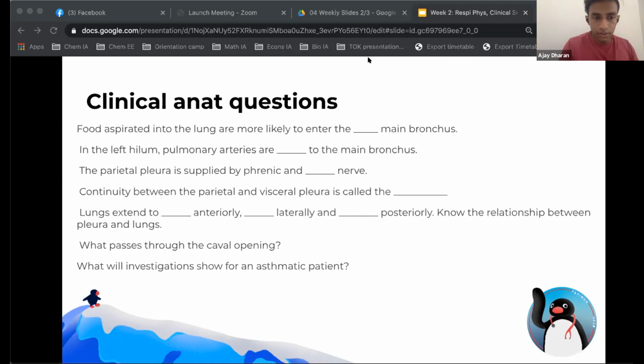So what passes through your caval opening? Again, this is something which you might have touched on last year, and we went through last week as well. It's related to the openings in your diaphragm. There are two key things you need to know.